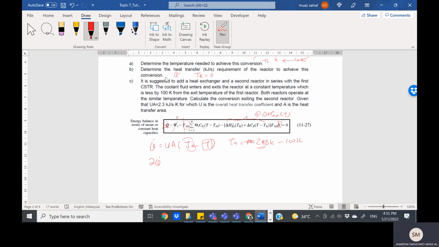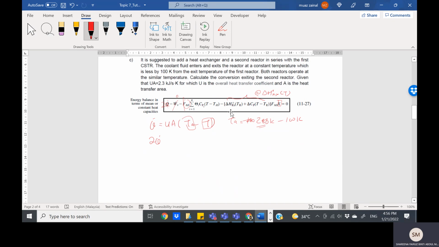So from here, to achieve the conversion, for B it has given X equal to 0.8, so you can get what is X. You have to know how to use this information to get FA naught, and so on, and CPA.